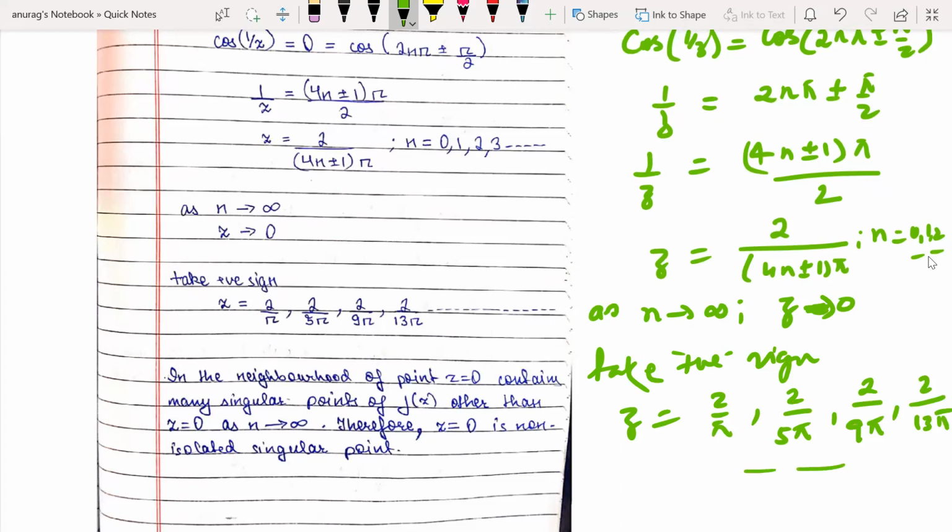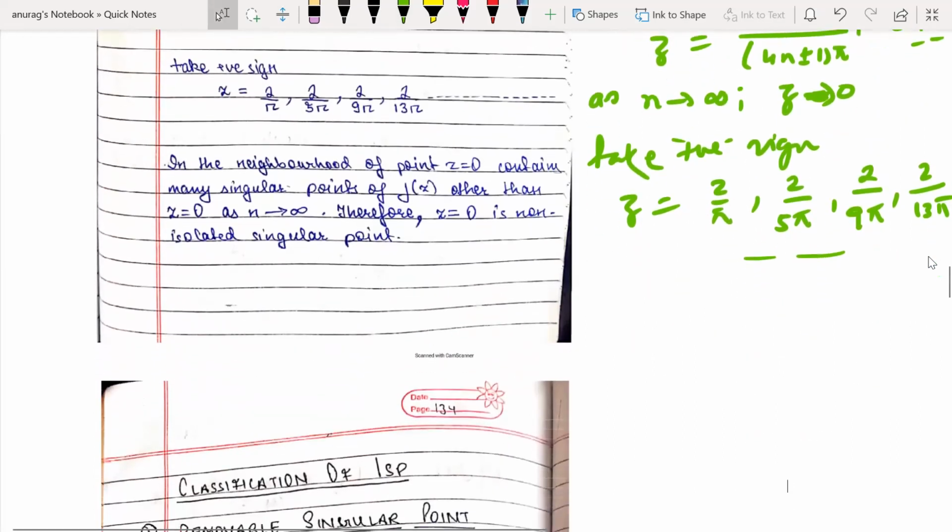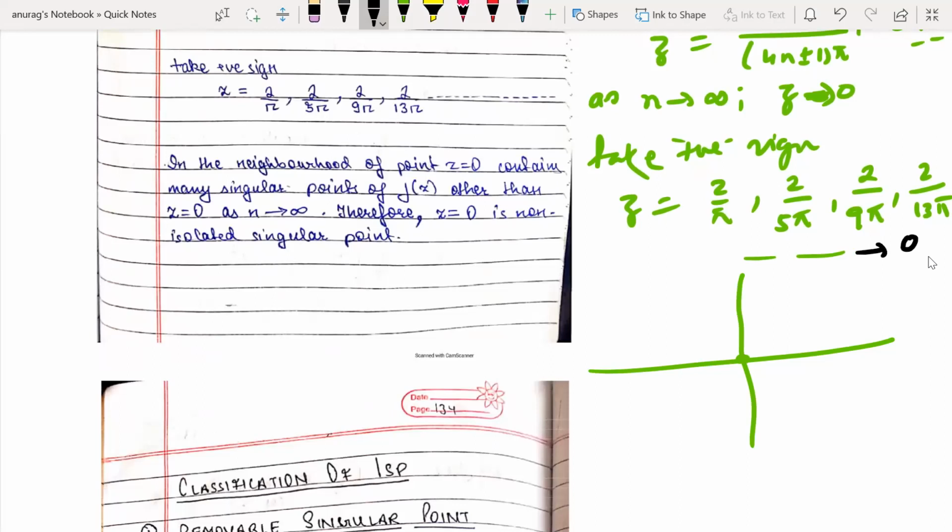Now, if you take the neighborhood of z equal to z0, draw these points; the last points are tending to 0 because n tends to infinity. So this is the 0 neighborhood.